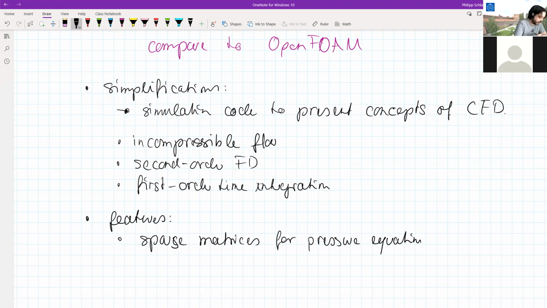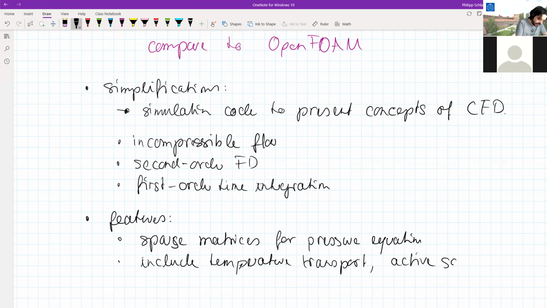And of course, we have the flexibility to include also the temperature transport via a Boussinesq type of forcing. So that's a so-called active scalar, as we will discuss later on.